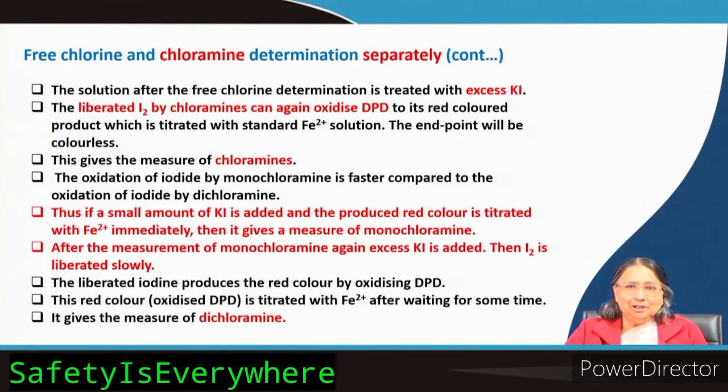Monochloramine reacts quickly, and you have already determined it. Then KI is added again, you allow some time, and the dichloramine will produce the oxidized DPD. Then you do the same reaction with Fe2+, and you determine the dichloramine. So, it is basically kinetics: depending on the kinetics, you are measuring monochloramine and dichloramine separately. The liberated iodine produces red color by oxidizing DPD. This red colored oxidized DPD is titrated with Fe2+, it is the same, but this time you are getting dichloramine.